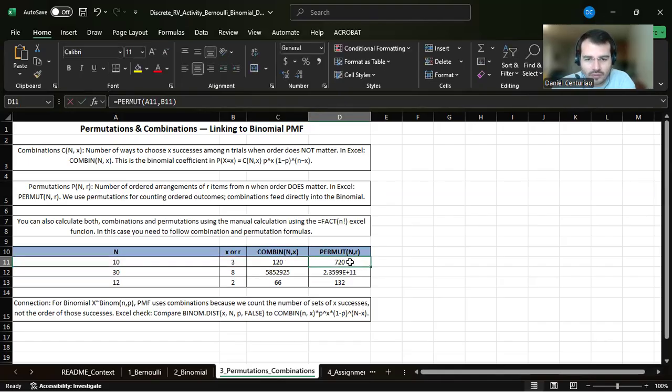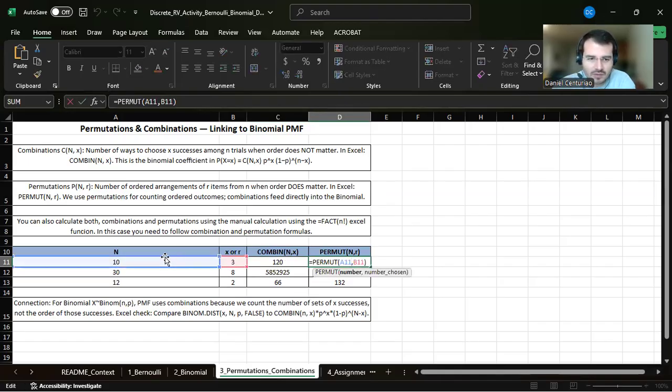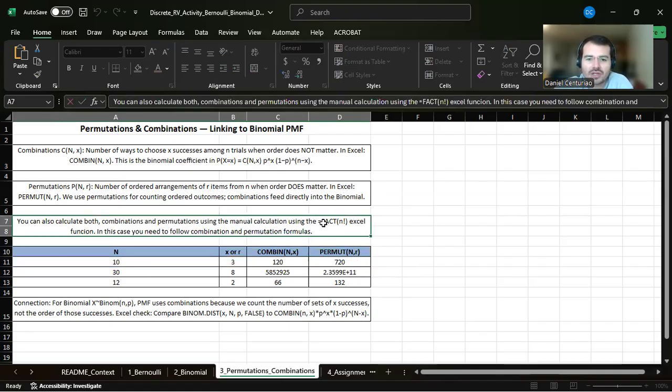Or, for example, in the case of the permutation, which is basically the same, the number of observations and the size of the group that you want to combine by. But you can use the function FACT, which is basically factorial, to do the calculation using the Excel formulas that we saw in class on Tuesday.